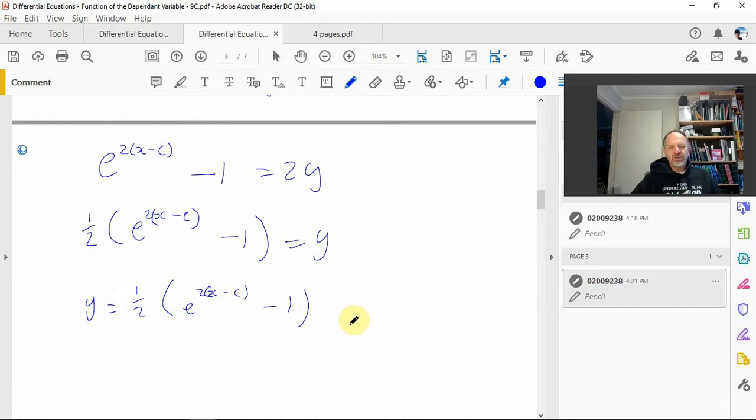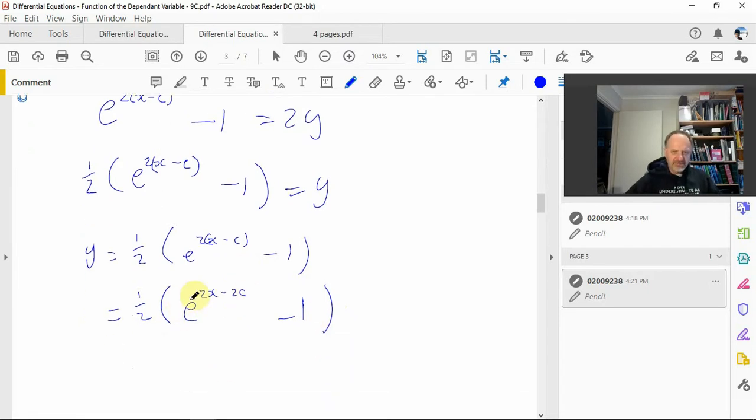Now, sometimes what you'll see is they'll fiddle around with this stuff here and say, okay, that's the same as a half e to the 2x minus 2c minus 1. And this bit here, if we use the index law in reverse, we can go that that's e to the 2x times e to the minus 2c minus 1.